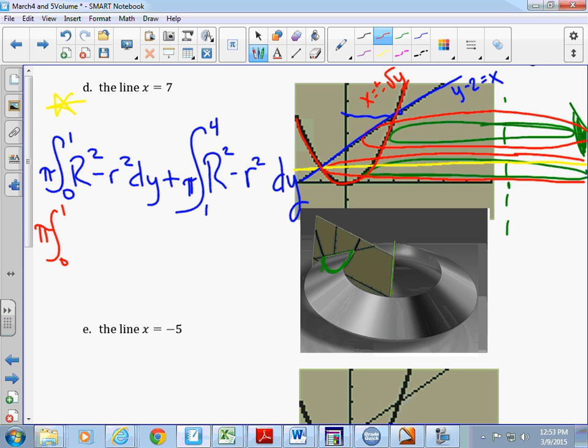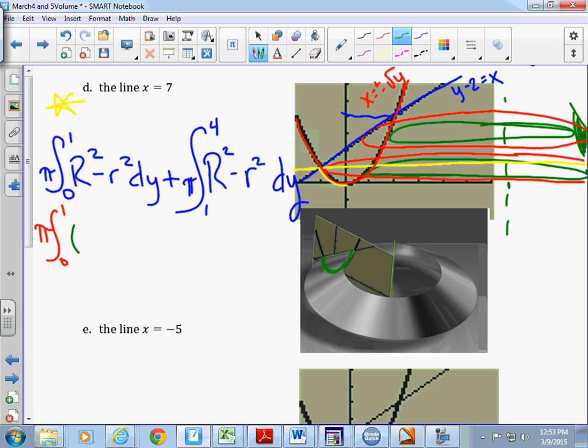So, capital R, the big radius on the bottom part. We're going to go right minus left, right? So we're going to do the right-hand function, which is 7, minus the left-hand function. What is this thing right here? Minus the square root of y.